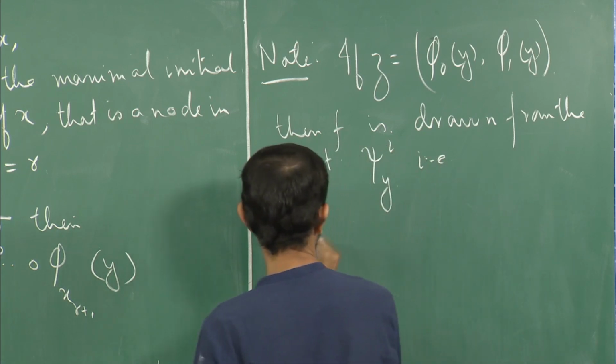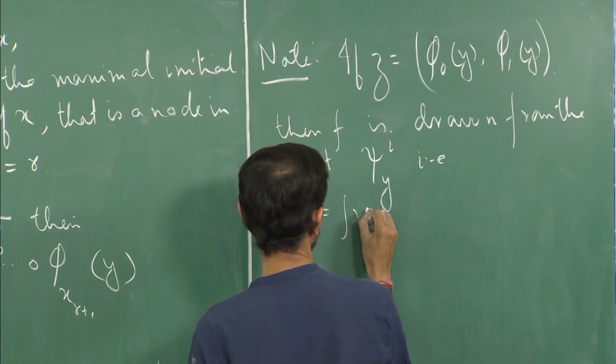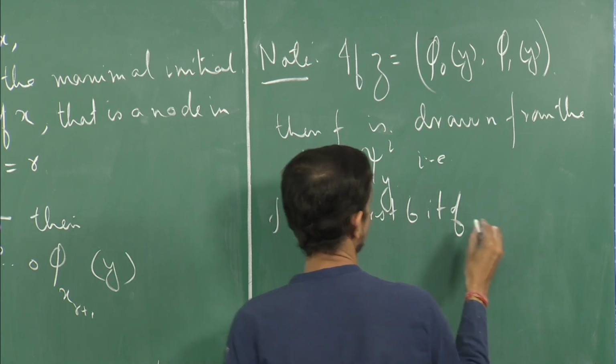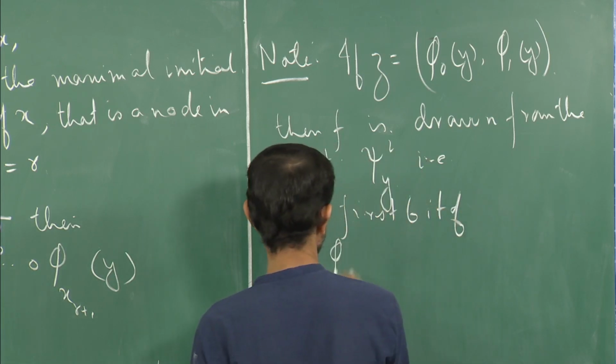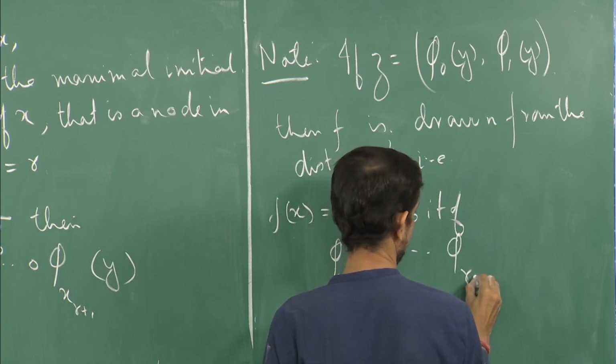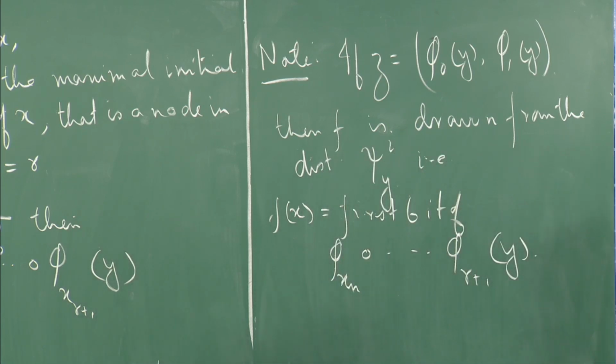That is, f of x is equal to the first bit of phi xn up to phi r plus 1 of y.